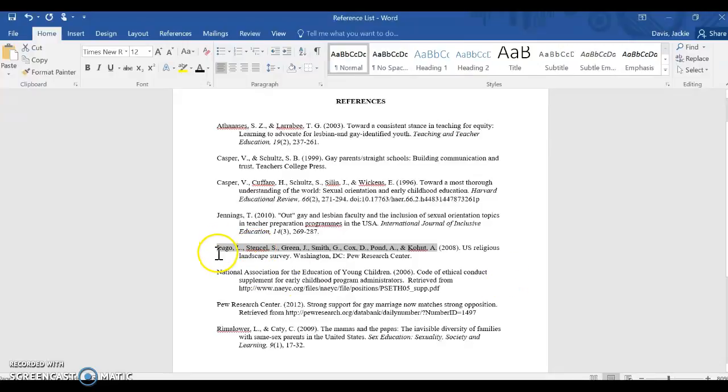But you need to list the author's last names in the order that they are published in the article. And there is a specific reason for that. Anytime an article has more than one author, the first author name that you will see is the author that contributed the most to the research. They might be the person who wrote the research proposal and carried out the research.